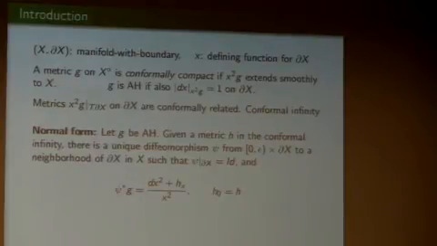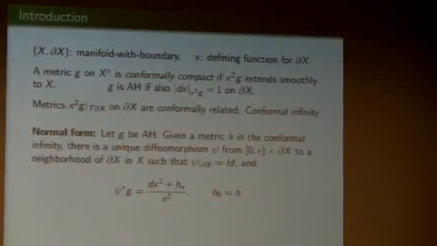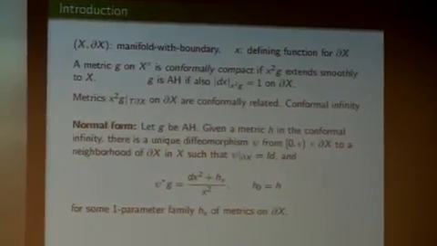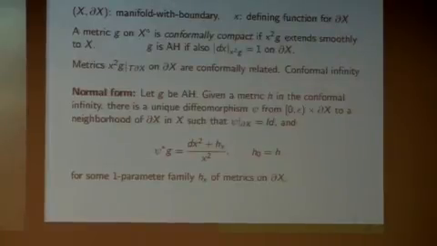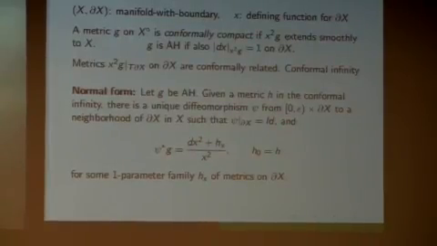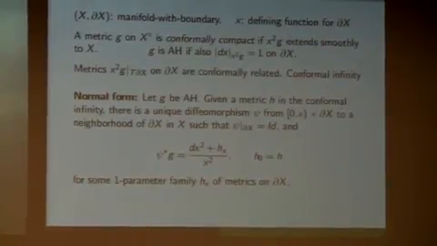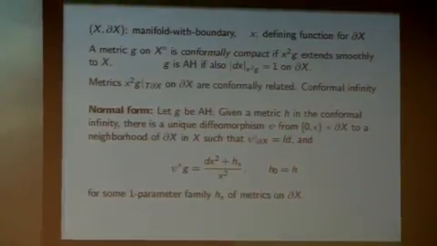And it has the property that when you pull back the metric, you get this nice normal form. So we have dx squared plus h sub x over x squared. And h sub x is just a one-parameter family of metrics on the boundary. So there are no cross terms of dx with a boundary piece. And the coefficient of dx squared is 1.